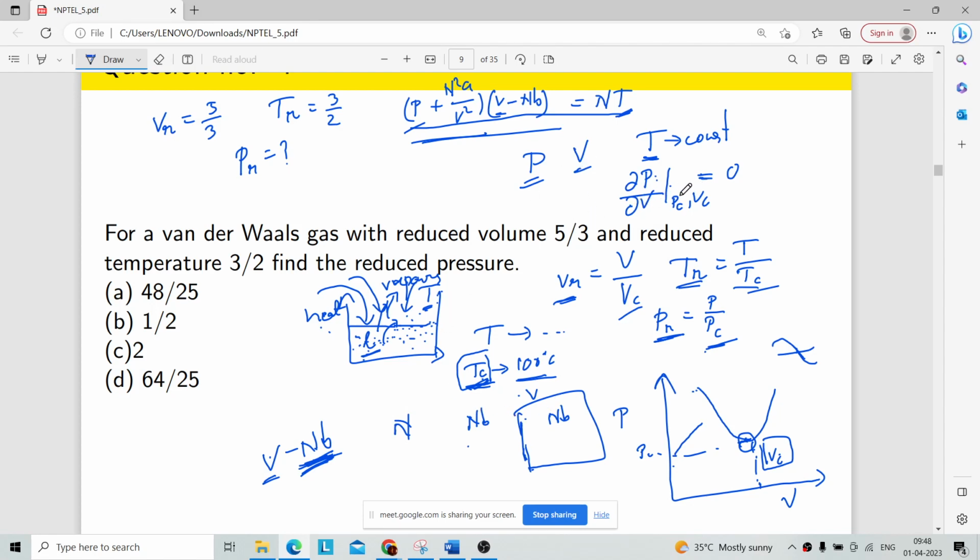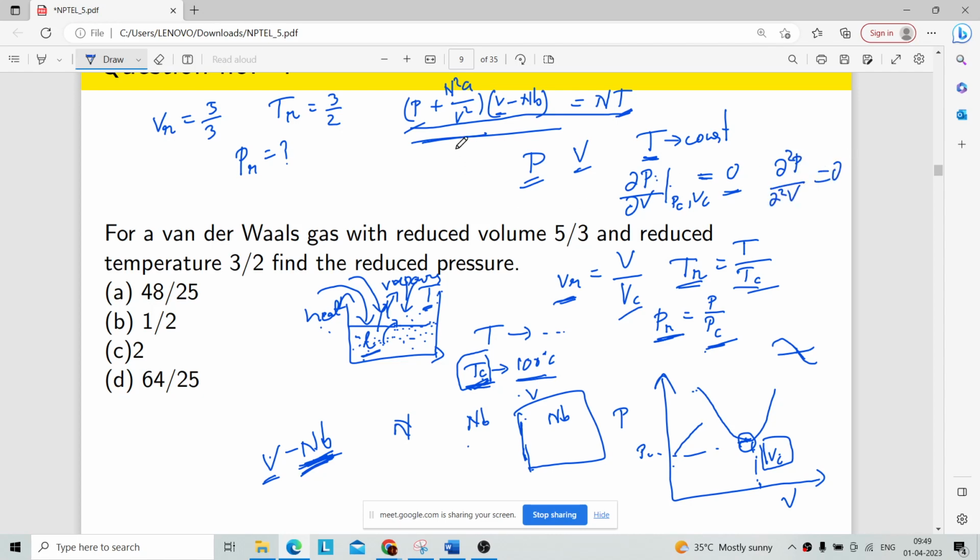So I have one condition from the saddle point method: the change of pressure with respect to volume will be 0, and the second derivative will also be 0.